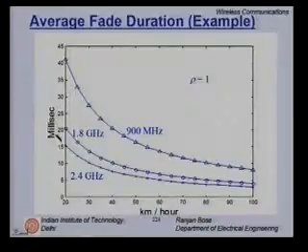So, it will still be a problem. So, you have to understand the average fade duration and design your communication systems accordingly so as to overcome the effects of fading.